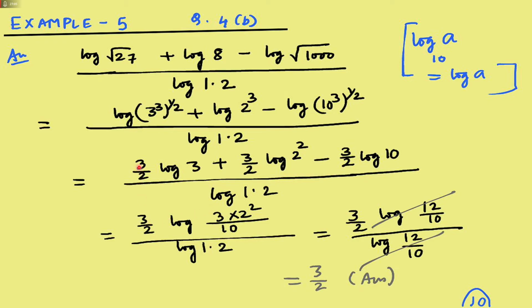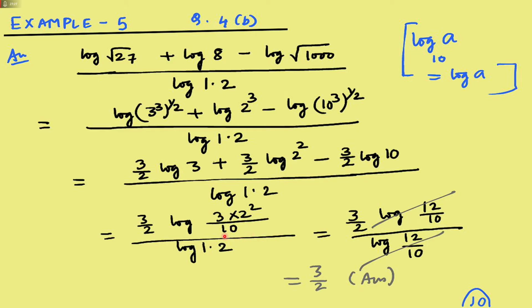Okay, that means I have 3 by 2 and this log 3, this log 2 square, and this is in minus form, that is minus log 10, which will give you log 3 into 2 square by 10. That means log m plus log n is log mn, and minus log z gives division.